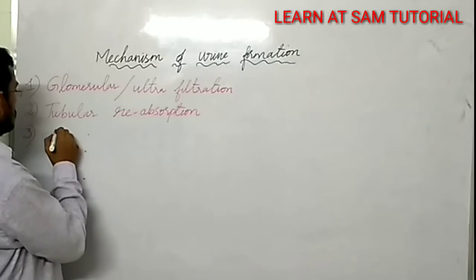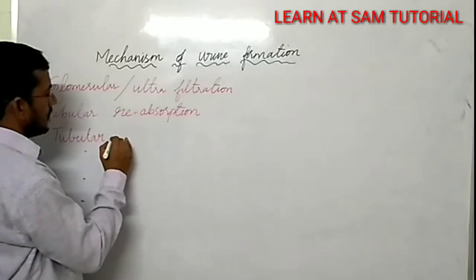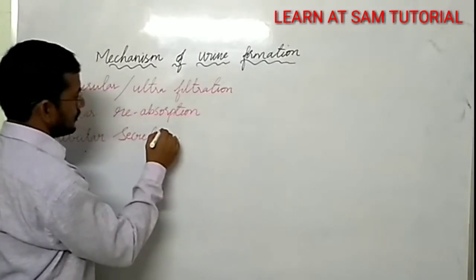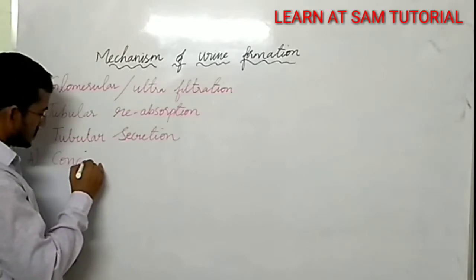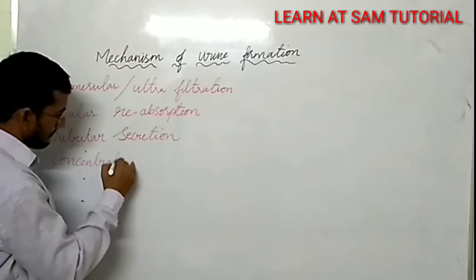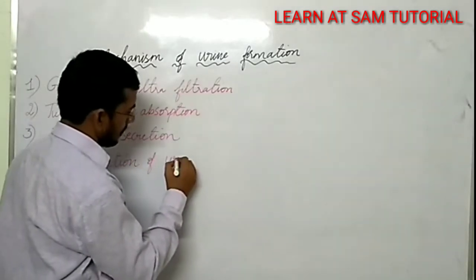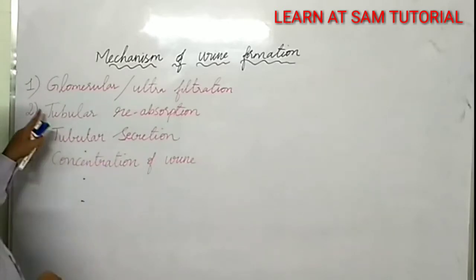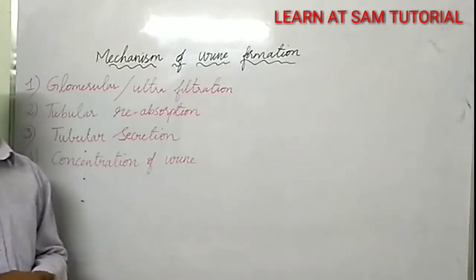Third step is tubular secretion. And fourth step is concentration of urine. So these are the 4 steps which are involved in urine formation.